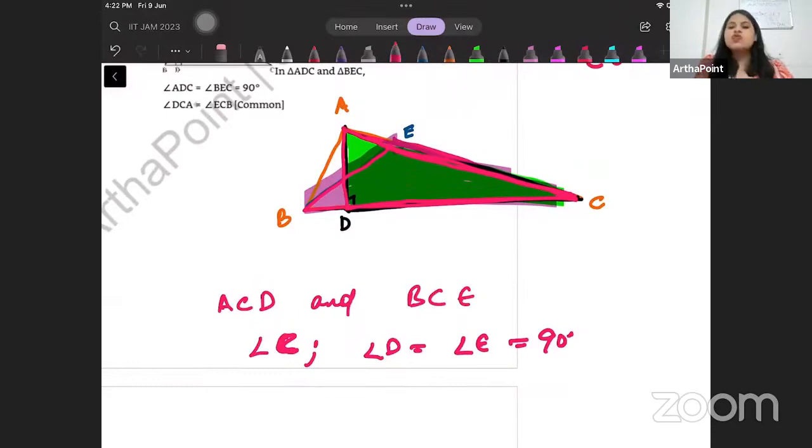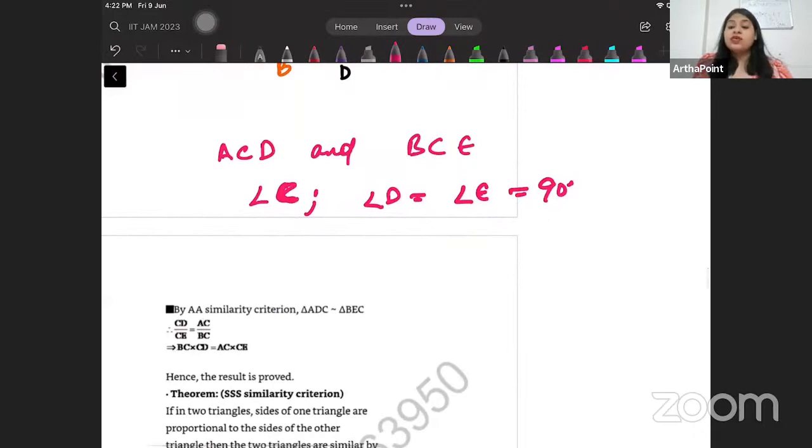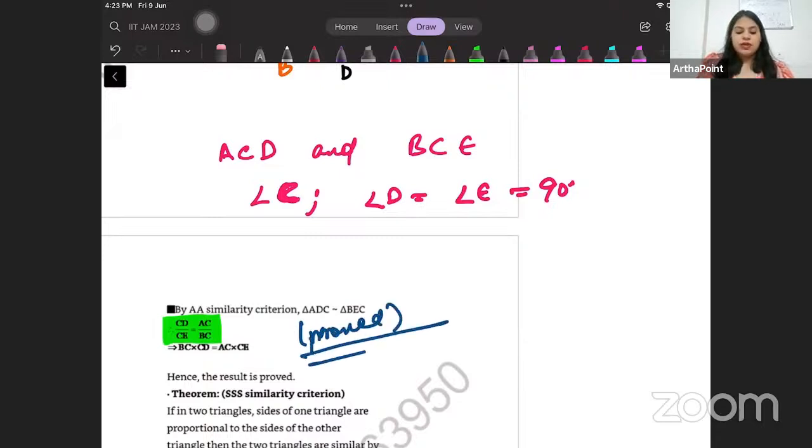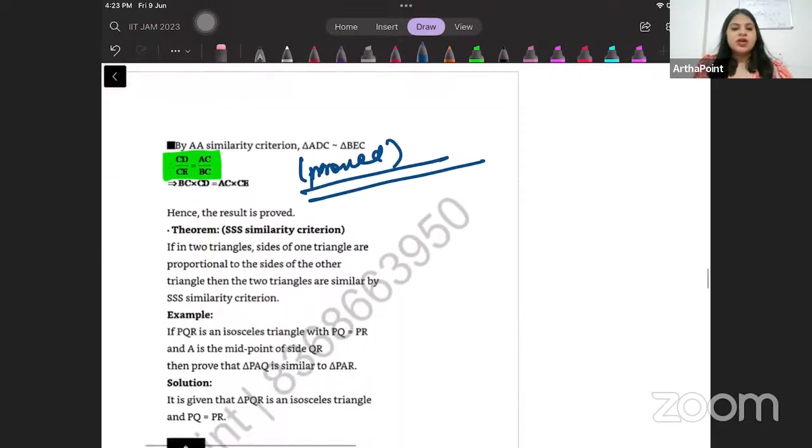But if these two triangles are similar, then we know that their sides will have the same ratio. So we know that CD by CE will be equal to AC by BC. So we have just proved this. You should remember these theorems, beta, please.